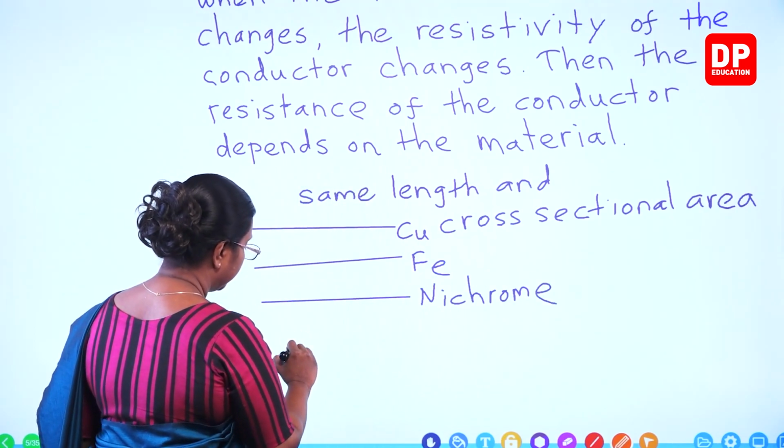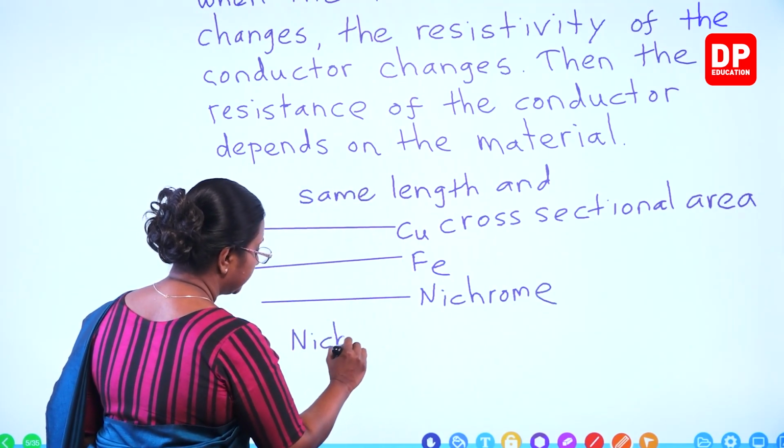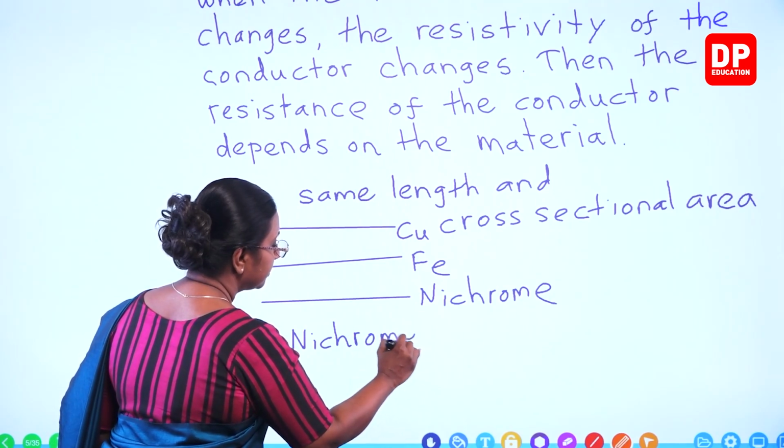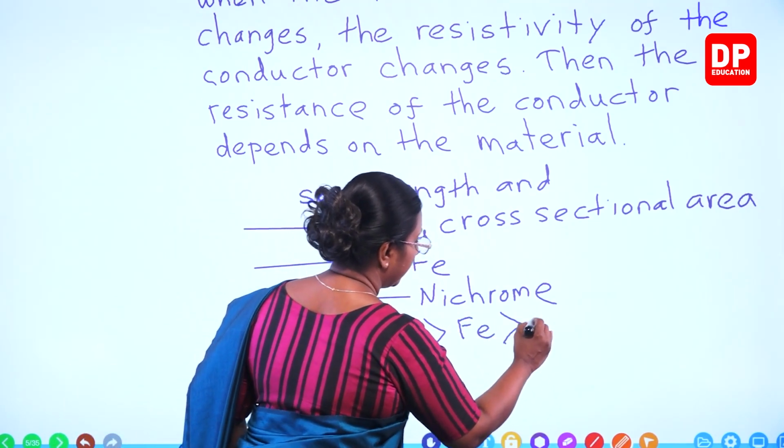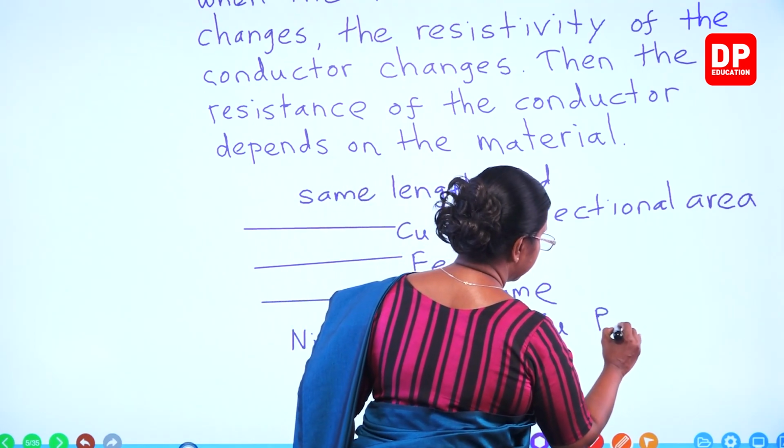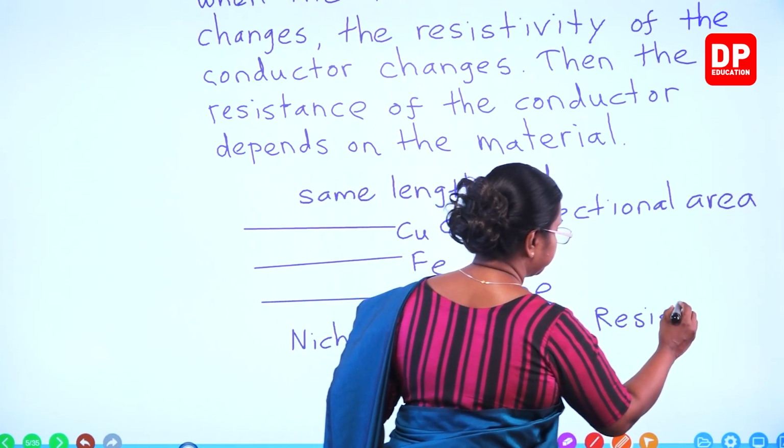And if you take nichrome, it has the highest resistance. Then we have iron and we have copper. So this is the resistance.